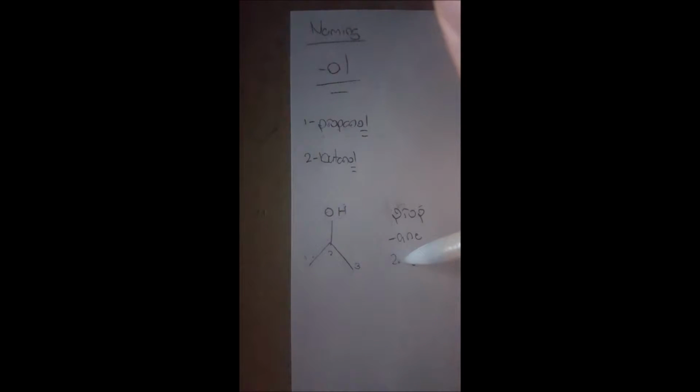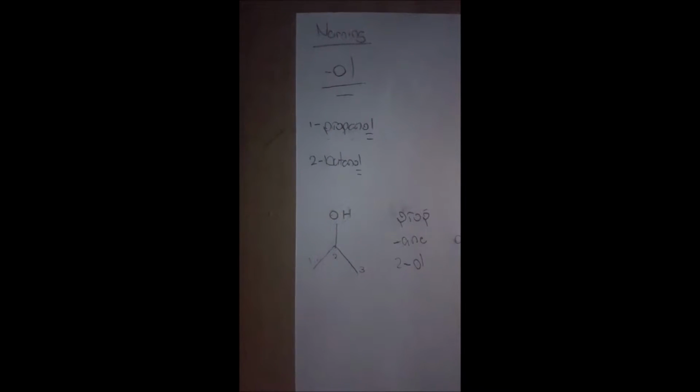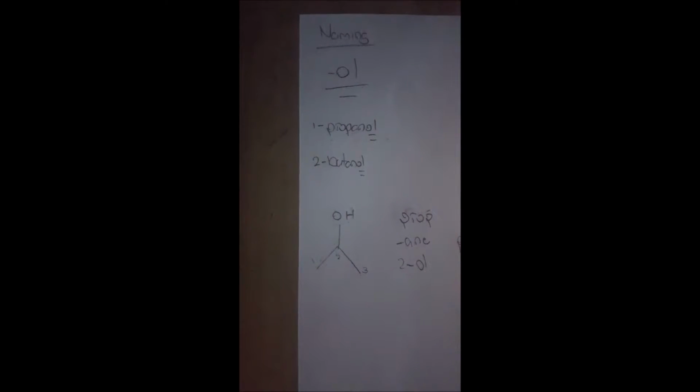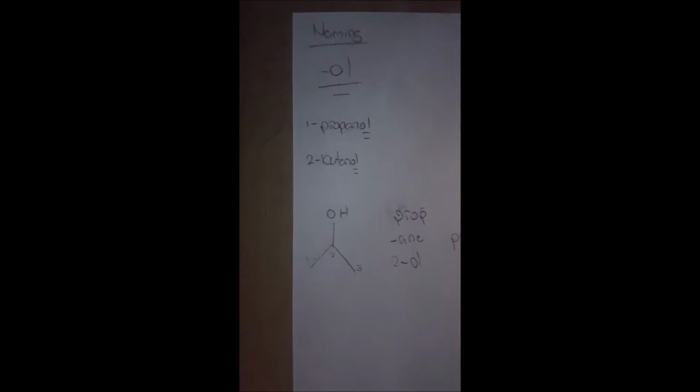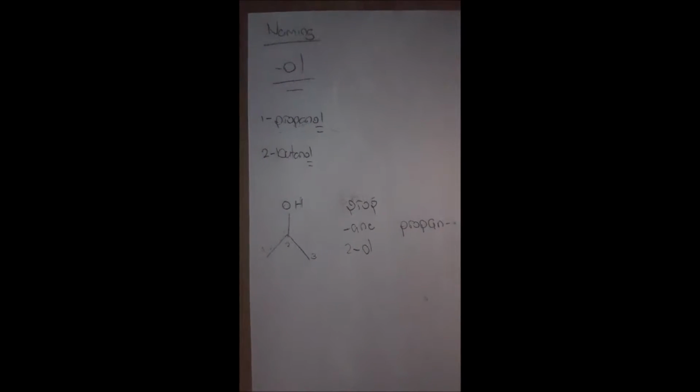So prop is the root, so it goes first, then ane, then 2-ol. And we drop the e because we use the suffix "-ol".